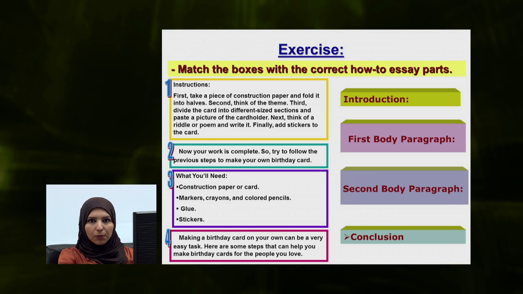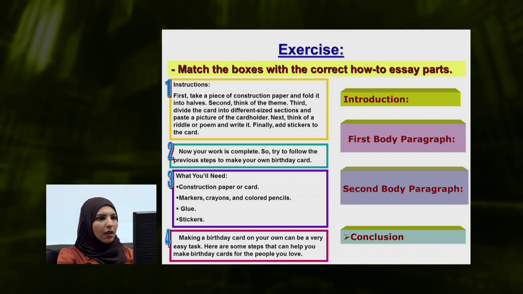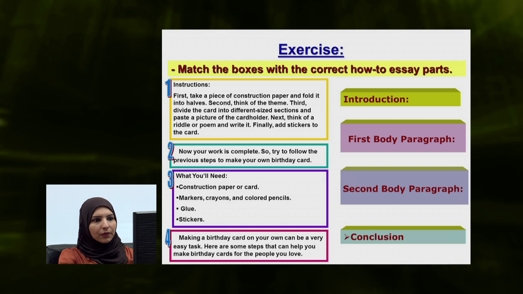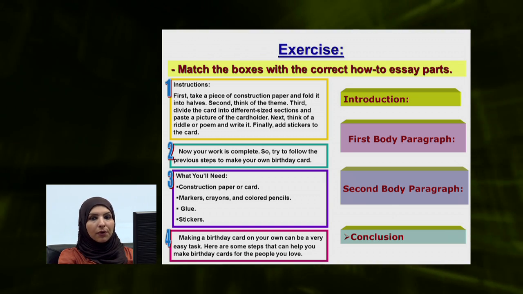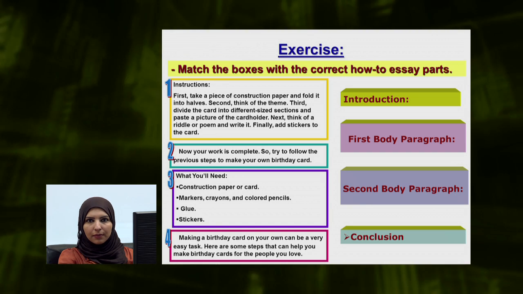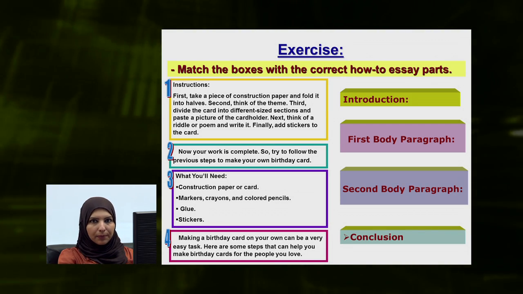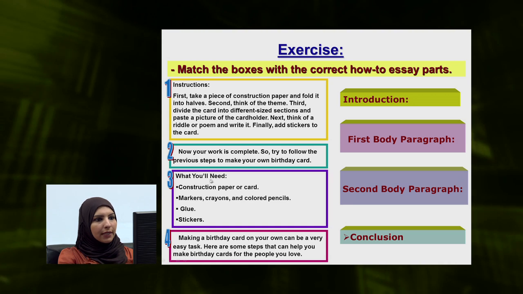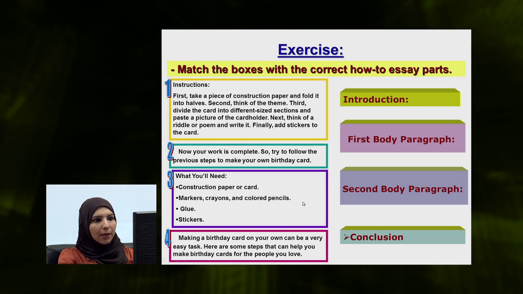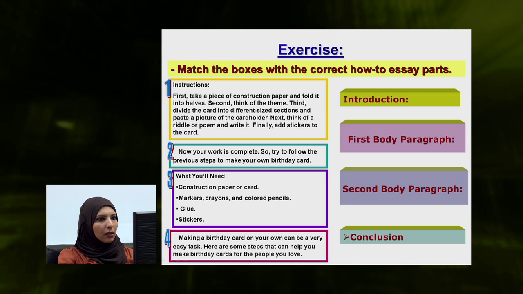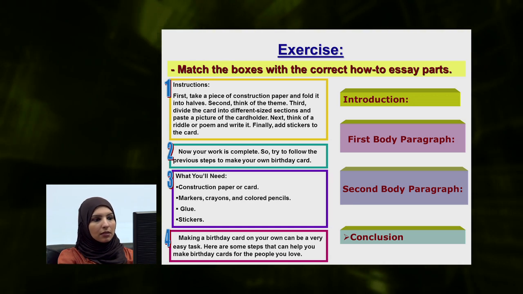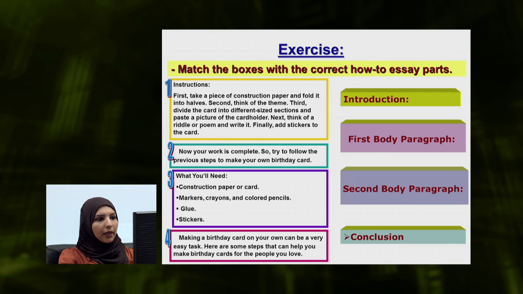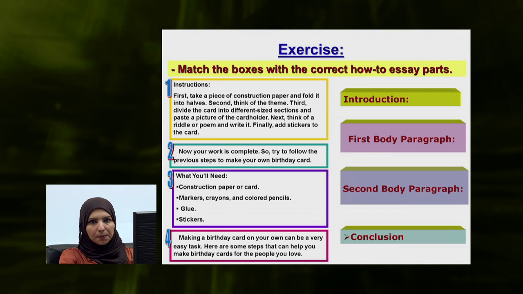Let's read the second box. Now your work is complete, so try to follow the previous steps to make your own birthday card. Box number 3. What you will need: construction paper or card, markers, crayons and colored pencils, glue, and stickers.